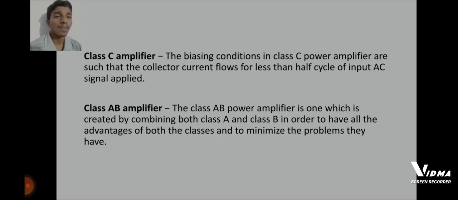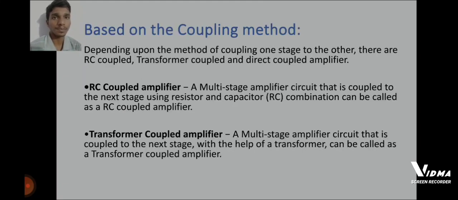So class AB amplifier is a mixed combination of class A and class B, so that the problems of both the classes are minimized. The class AB amplifier has some advantages.